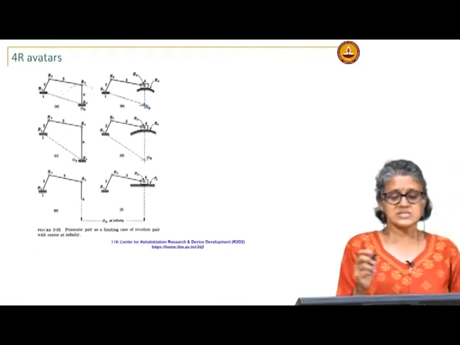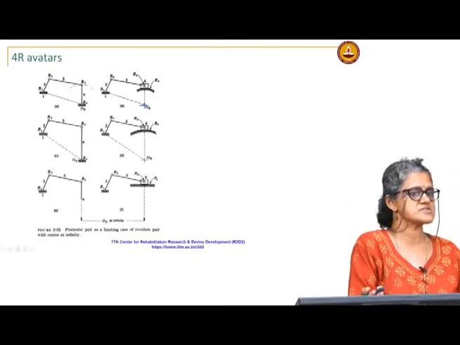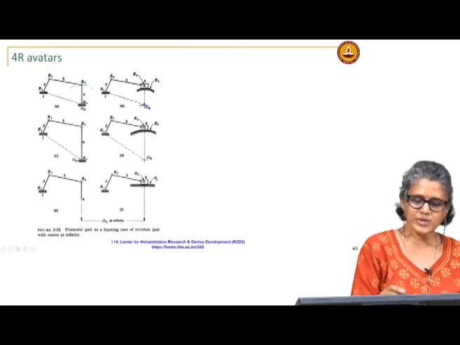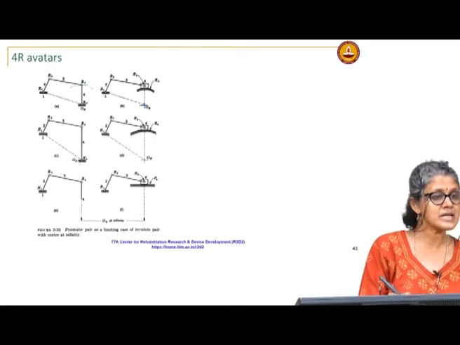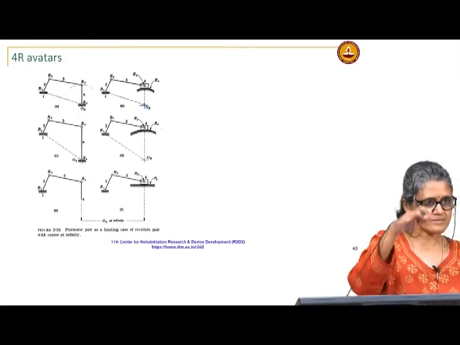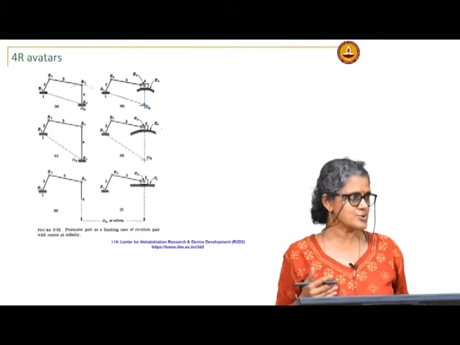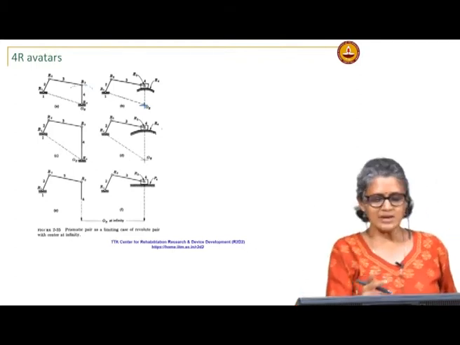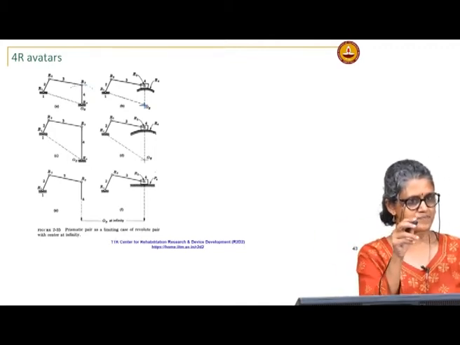Okay. Sometimes practically you may use something like this because of space constraints, for example. So, say I increase the length of link 4, okay, then the arc that I get will be flatter. Okay. But if I keep increasing it to infinity, then what I get is basically a prismatic pair. Okay.